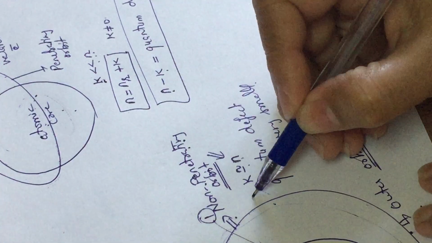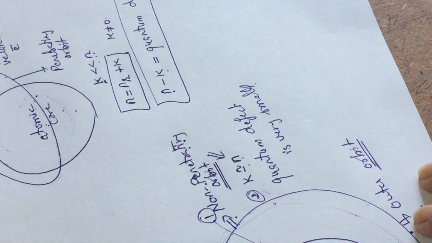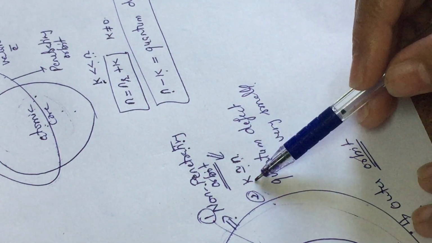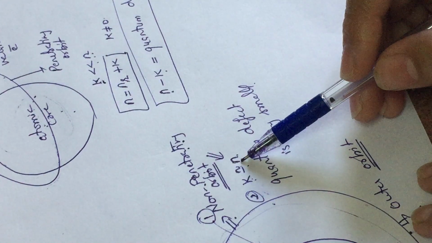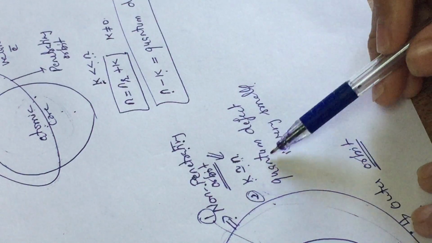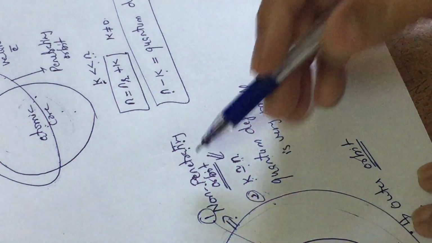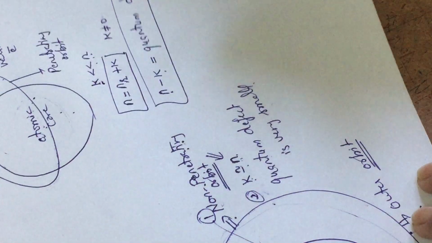Secondly, you can also define it with the help of the principal quantum number and azimuthal quantum number. If the azimuthal quantum number is very near to the principal quantum number, that is, the quantum defect is very small, then the orbit is of the non-penetrating type.